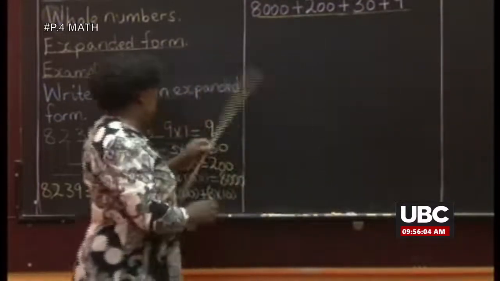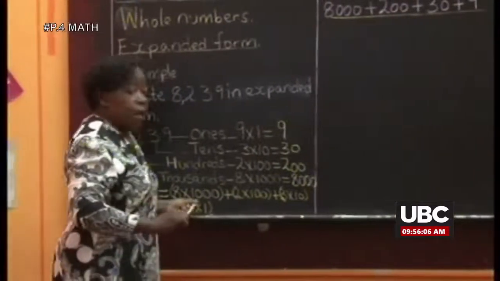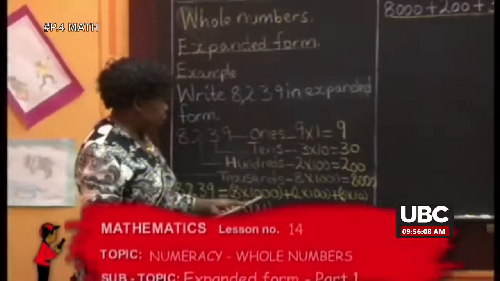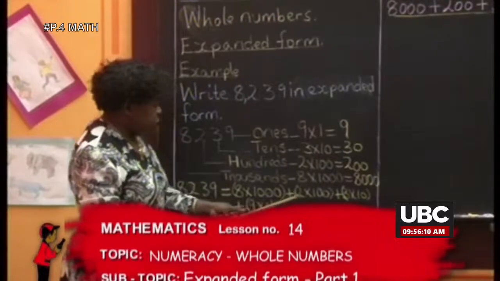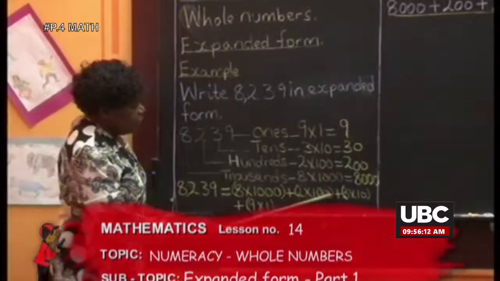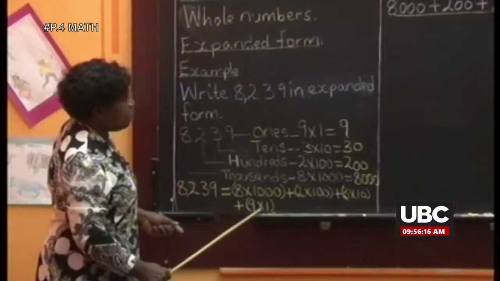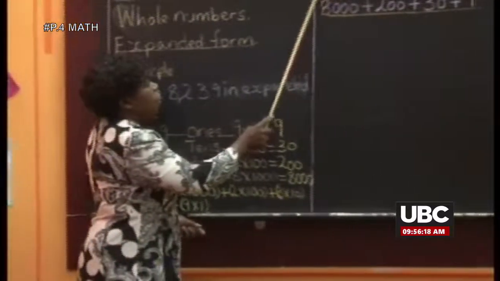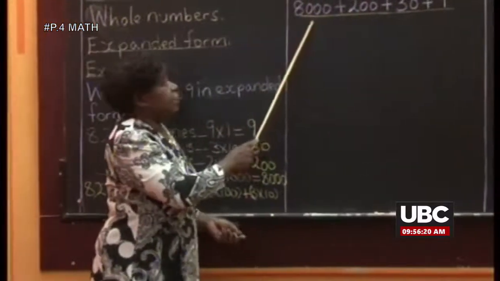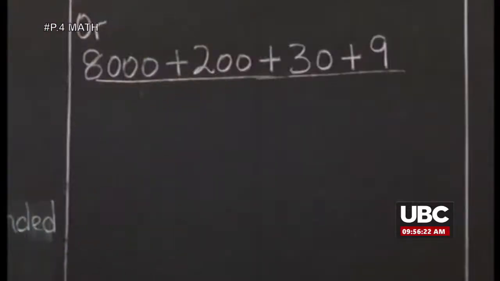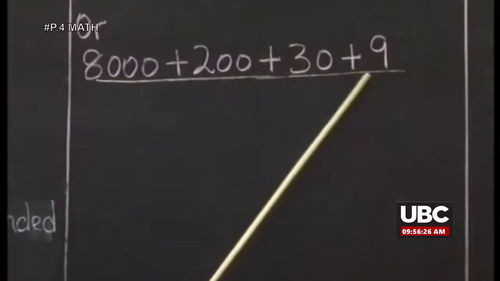So this number in expanded form is either 8 times 1,000 plus 2 times 100 plus 3 times 10 plus 9 times 1, or 8,000 plus 200 plus 30 plus 9.